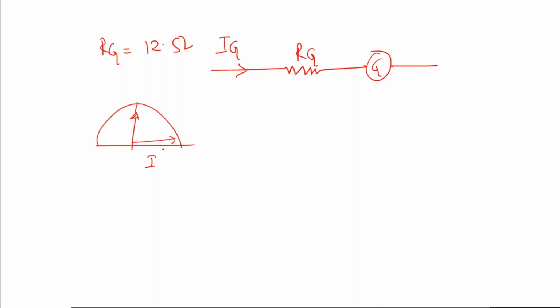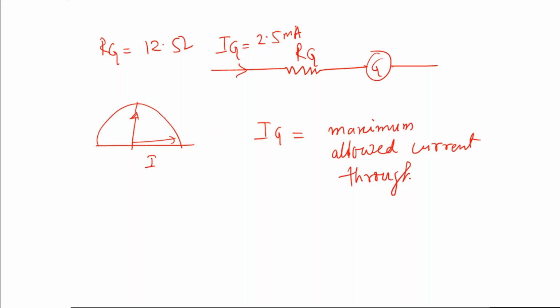The question says that when the galvanometer shows full scale deflection, the current is 2.5 milliampere. So this is the maximum allowable current to the galvanometer.